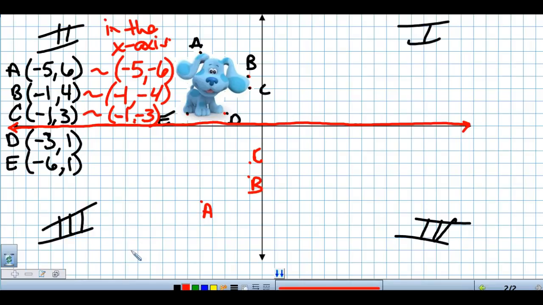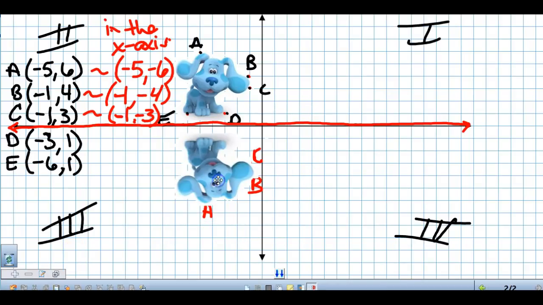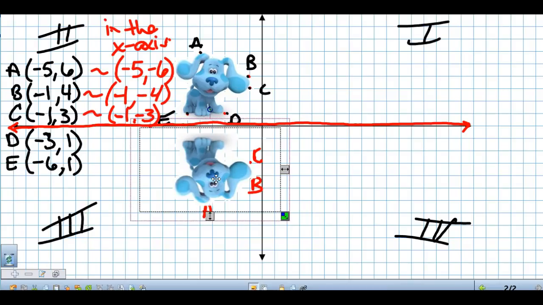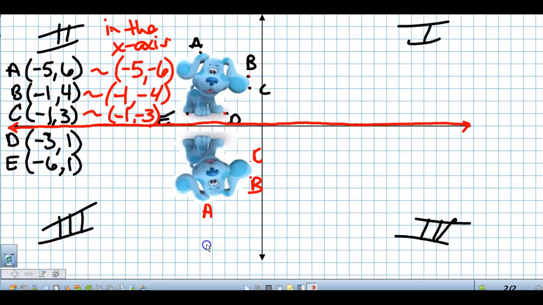So where blue once looked like this, now she looks like this. Let me move her just a little bit that way, right there. Okay, all right. So that's how you would successfully reflect a figure about the x-axis.